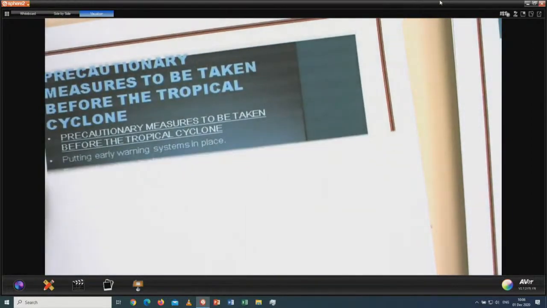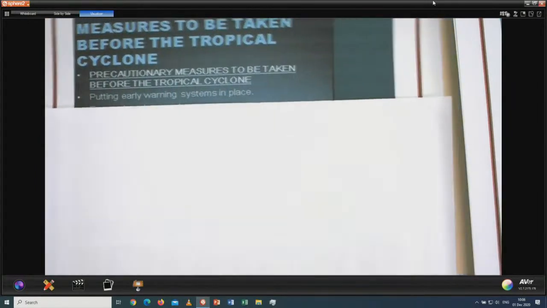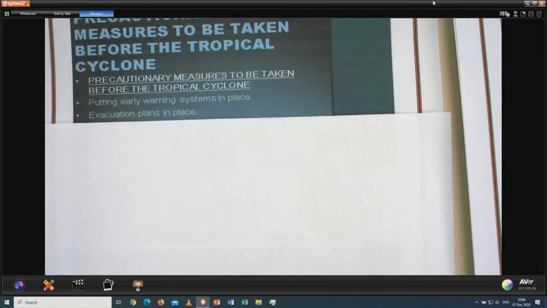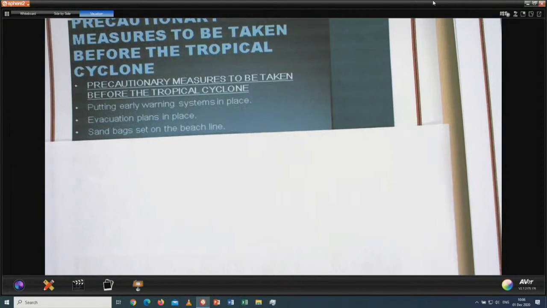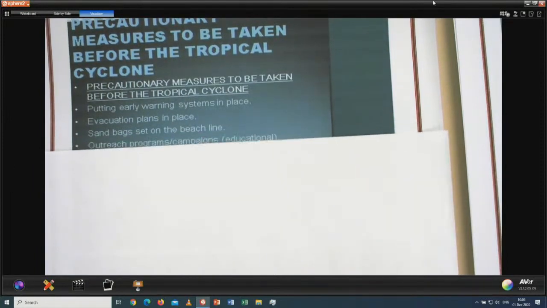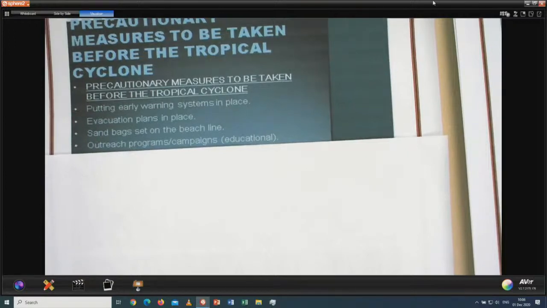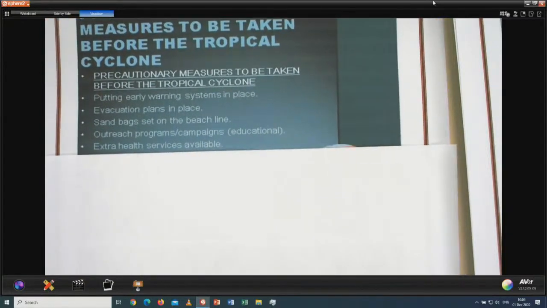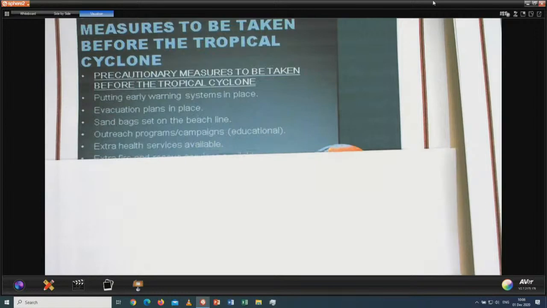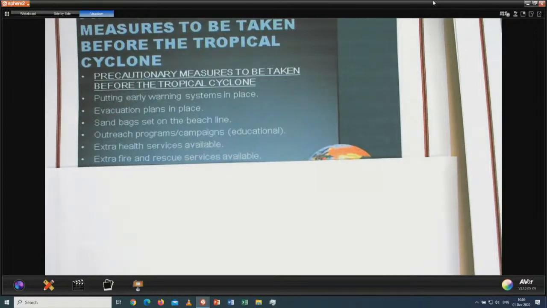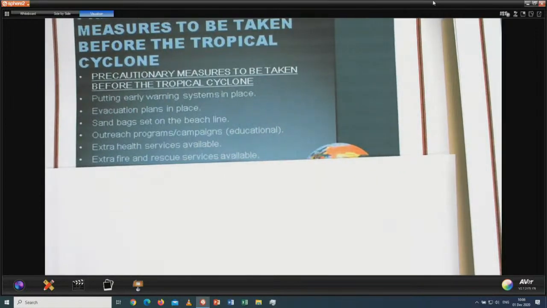The first one, putting early warning systems and evacuation plans in place beforehand, sandbags set on the beach line, outreach programs or educational campaigns, extra health services available, extra fire and rescue services available, must make them available.